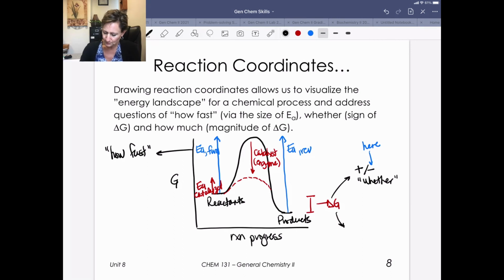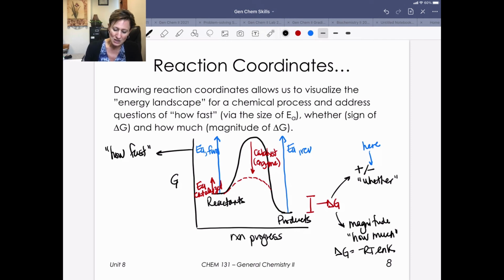There's another part that comes from our delta G, and that's the magnitude of it, the numerical value of what delta G is. The larger the delta G is, the more product we're going to be making. So we can relate this to how much. Remembering that we can relate delta G and our equilibrium constant: delta G equals minus RT times the natural log of our equilibrium constant.